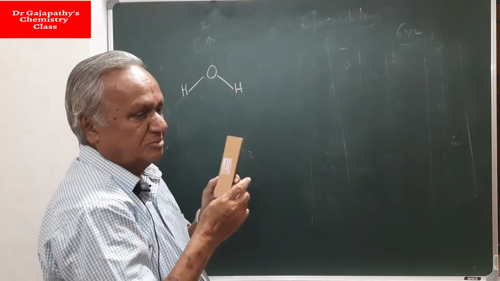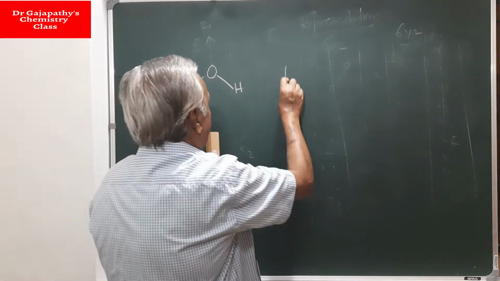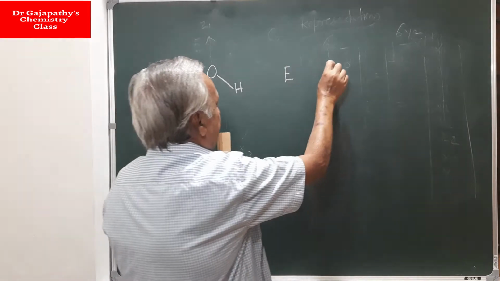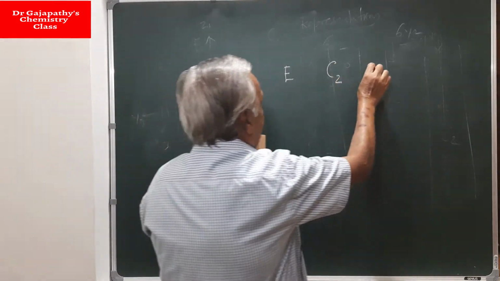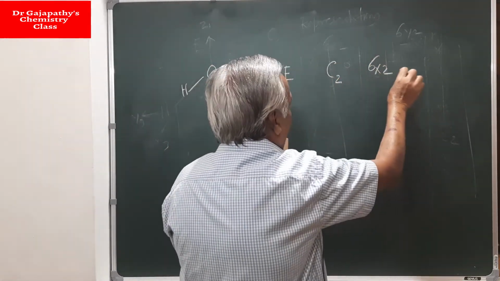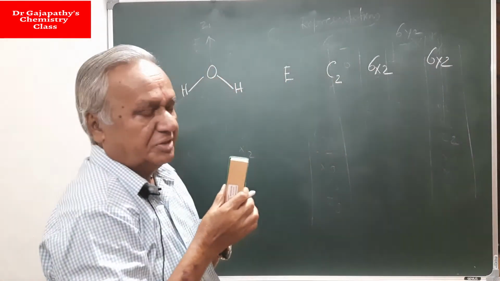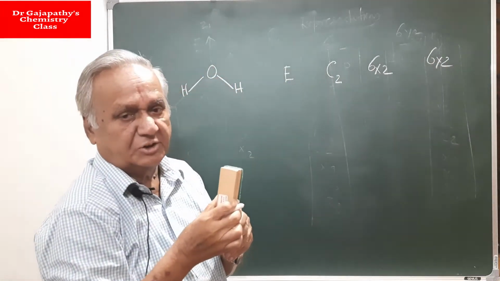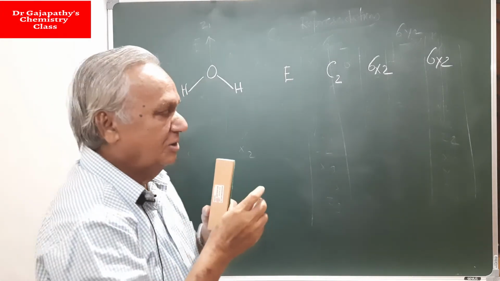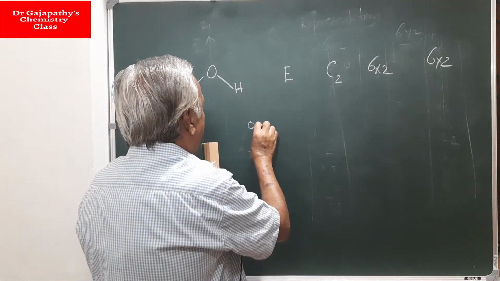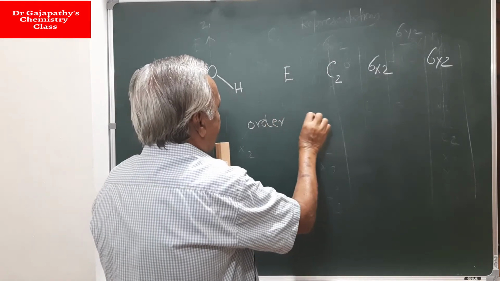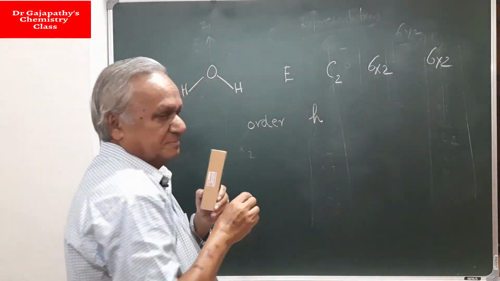What are the operations possible here? An identity operation, a C2 operation, a sigma xz operation, and a sigma yz operation. There are 4 operations. The total number of operations in a molecule is called the order, denoted by the symbol h.